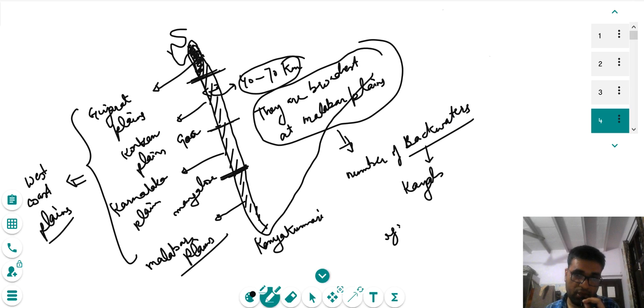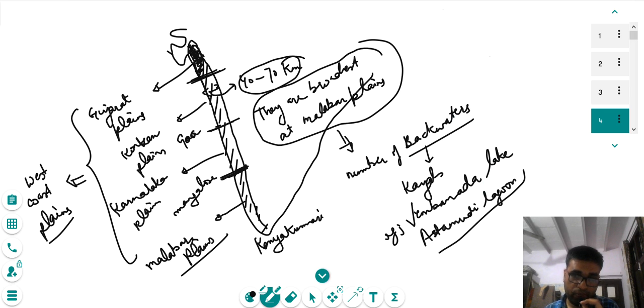An example of them is Vembanad Lake, Ashtamudi Lagoon. So this is the example of these kayals.